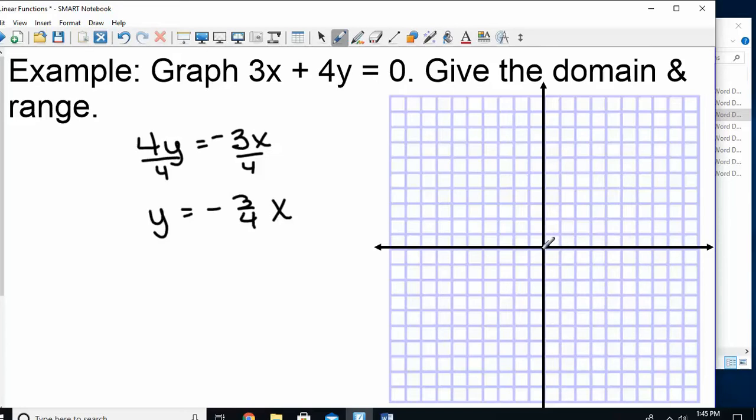It's a line. The y-intercept there is 0. Slope negative 3/4, so go down 3 over 4, or you could think of it as up 3 and backwards 4, however you want.